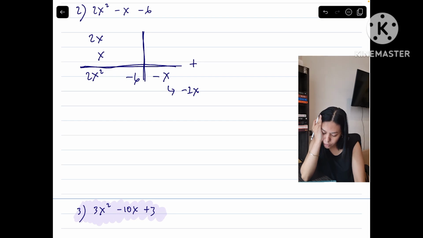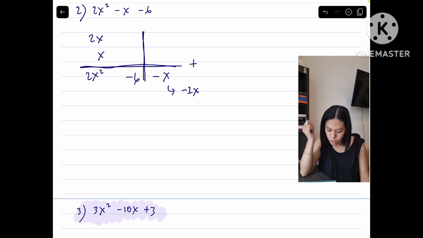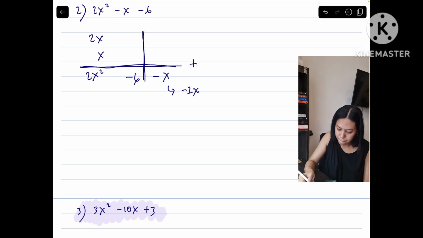Remember, as you do this repeatedly, you will be able to get the right combination of numbers on the first try. So I'm going to try negative 2 down here, and 3 up there.